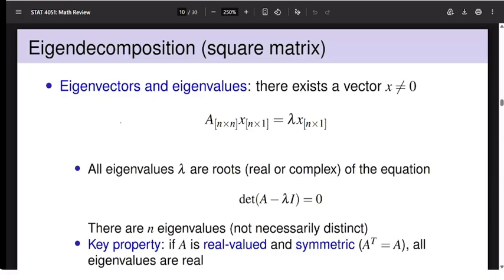Now I want to walk us through eigen decomposition. Let me tell you this.